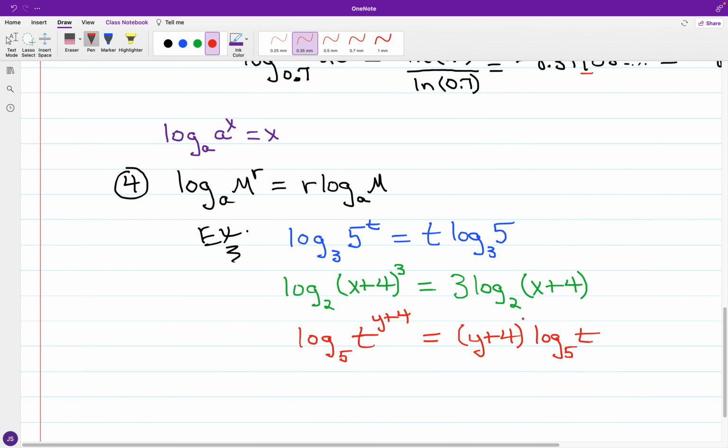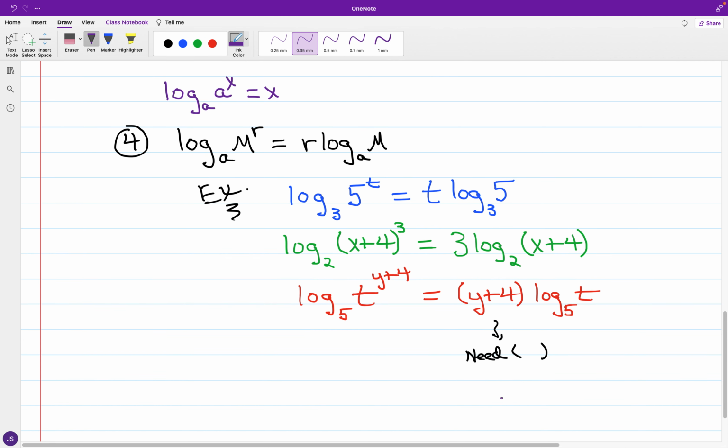Okay, so we need parentheses for this statement. And one reason, actually the main reason, is that when we say y plus 4 times the base 5 logarithm of t, we're looking at all of y plus 4.